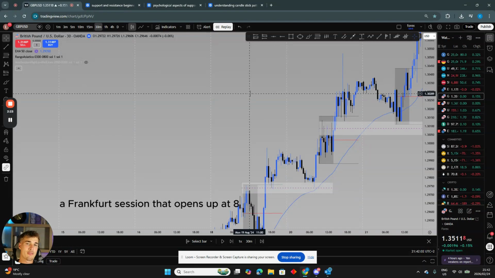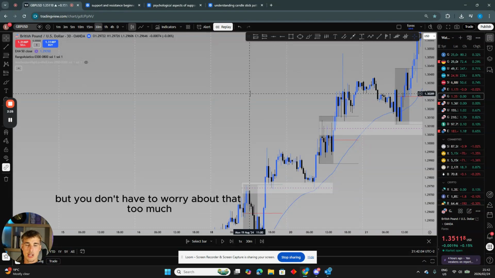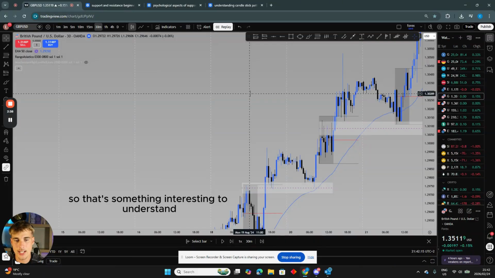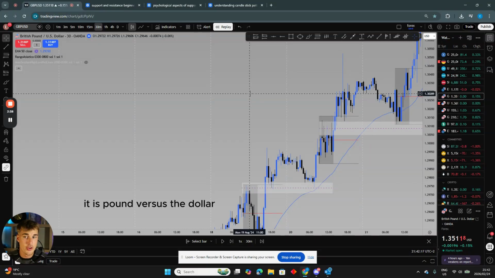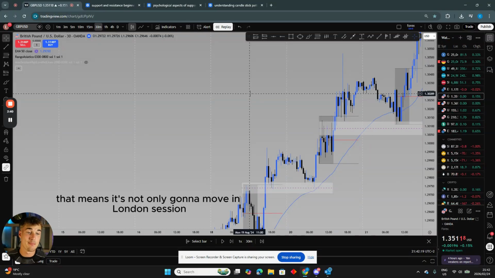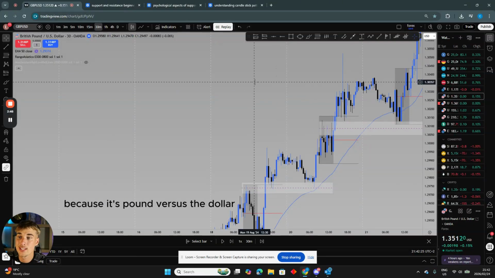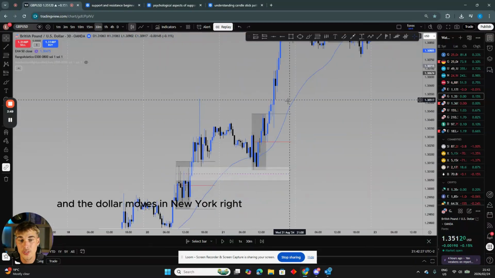There's also a Frankfurt session that opens at 8, but you don't have to worry about that too much. So 10 to 1, the pound is going to move in the London session, but it's pound versus the dollar. That means it's not only going to move in London session, it's going to move in New York session too, because the dollar moves in New York.